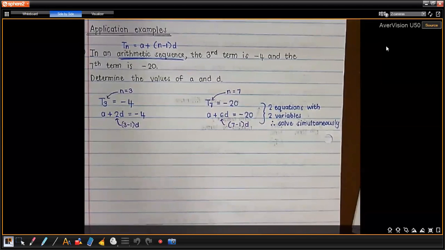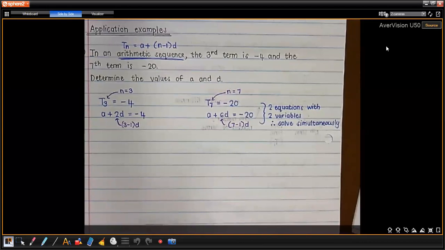And guys, this is something that we're going to use a lot in this chapter. Often we are going to have two equations with two variables. The equations might be slightly different from these ones. We're not always going to work with this one formula, but that's something that you need to be able to recognize.